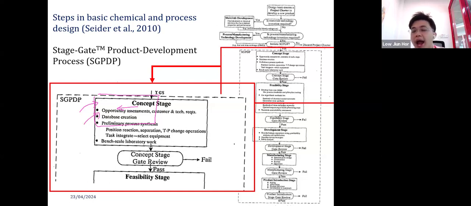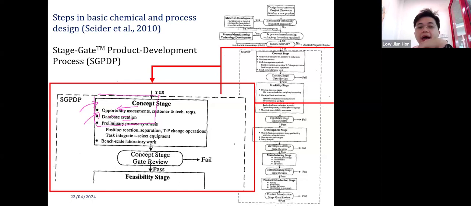You are going to identify the process and technology that you are going to use and can apply in order to produce the product that you want to produce. You need to identify the potential chemical reaction, separation process, and even the equipment that you need in order to produce the product you want.